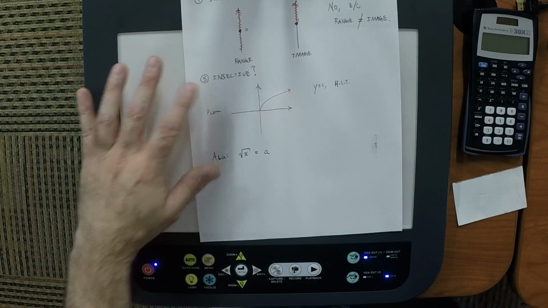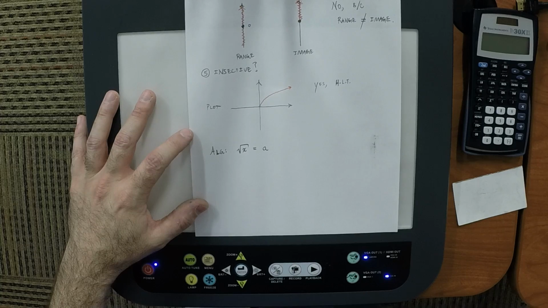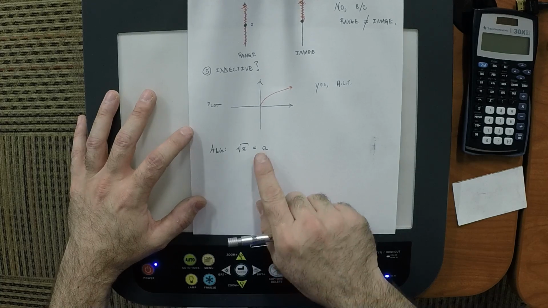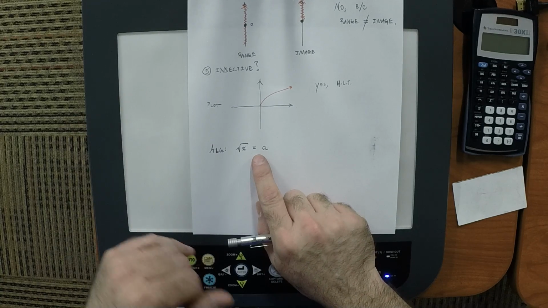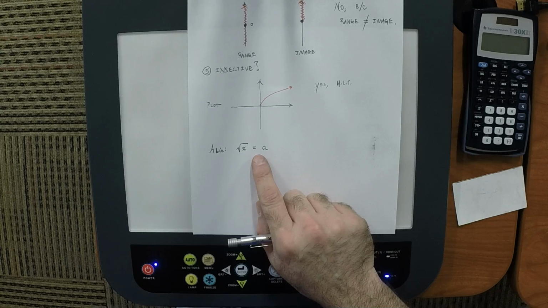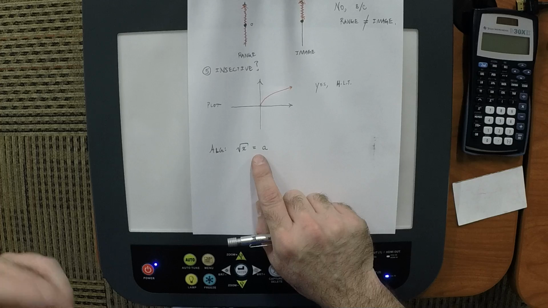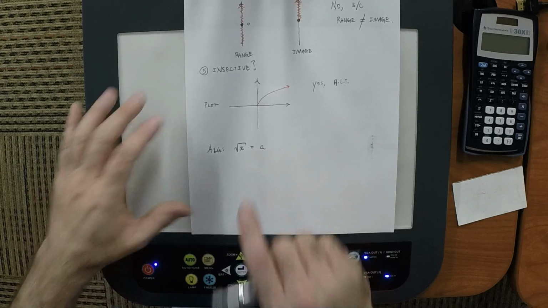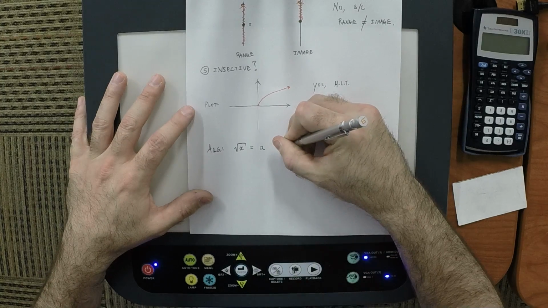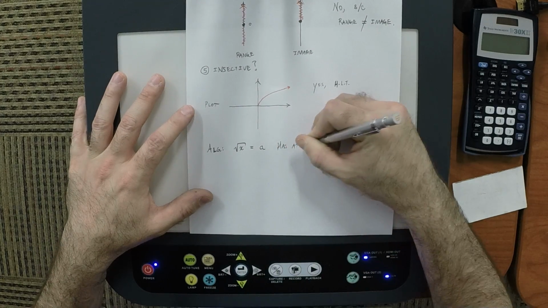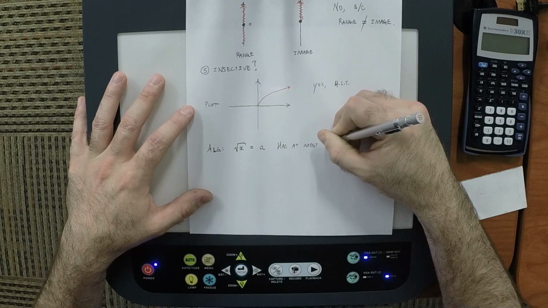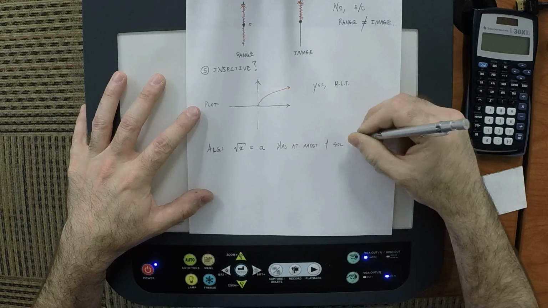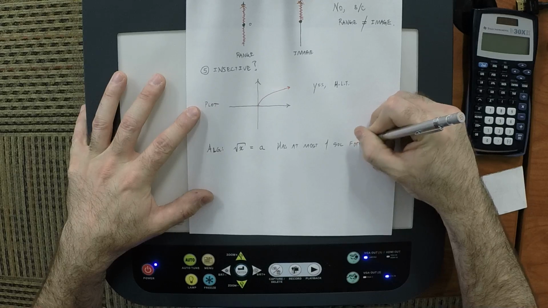How many solutions can this equation have? Well, it could have no solution if a is negative, meaning that a is not in the image, or it can have exactly 1 solution. This has at most 1 solution for all a.